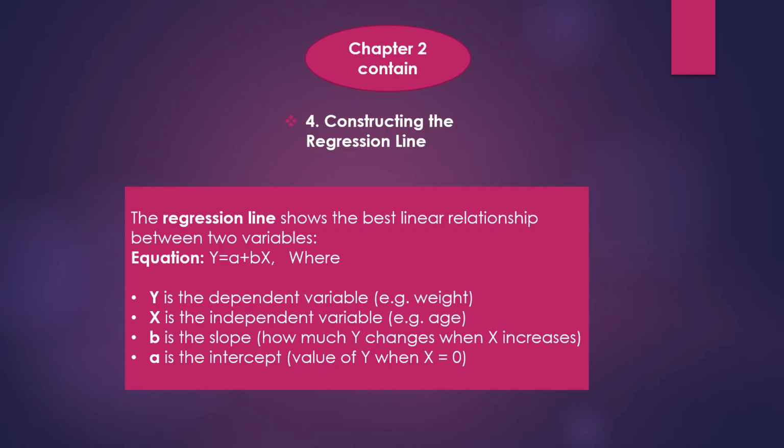In this formula, y is the dependent variable, for example weight, x is the independent variable like age, b is the slope, which tells us how much y changes from each 1 unit increase in x, and a is the intercept or the value of y when x equals to 0. This line allows us to make predictions and understand how one variable affects another in a clear visual way.